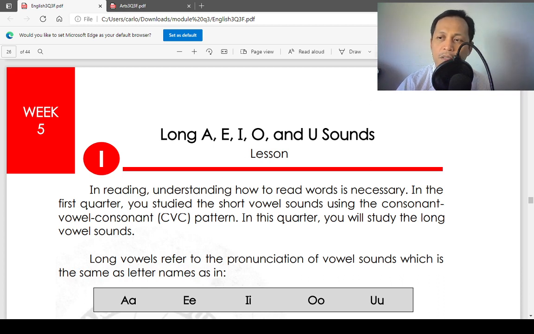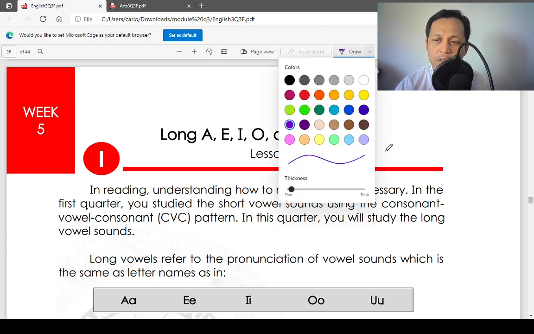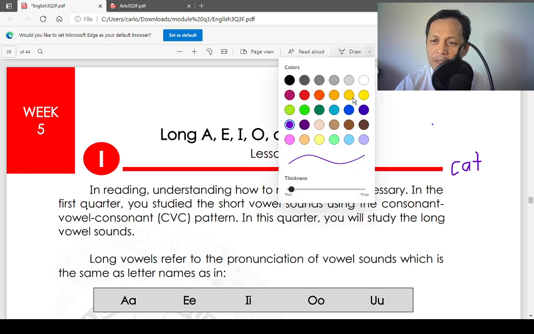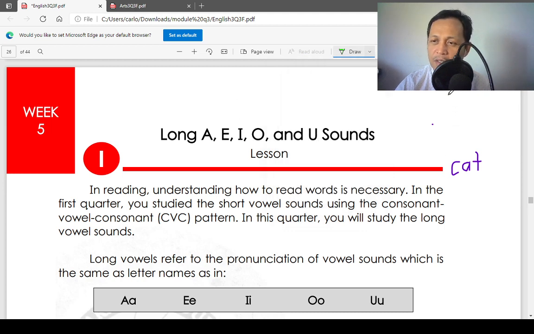Last time, we studied how to read the short vowel sound using the CVC pattern. Now, what is the CVC pattern? Say, for example, we have cat. So we have C, A, and T. It is the CVC pattern because the arrangement of the letters is consonant, vowel, and consonant.